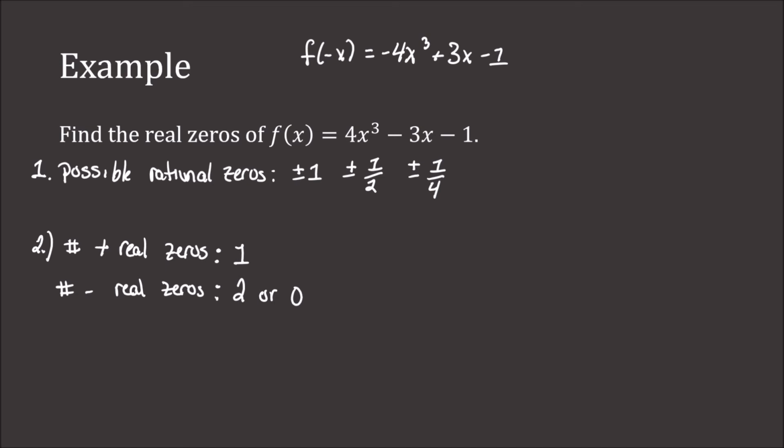So now, the third thing we want to do is test these possible rational zeros. Well, I know that I'm going to have positive real zeros. I have to have 1. So all I'm going to do is test these positives. So start with 1.